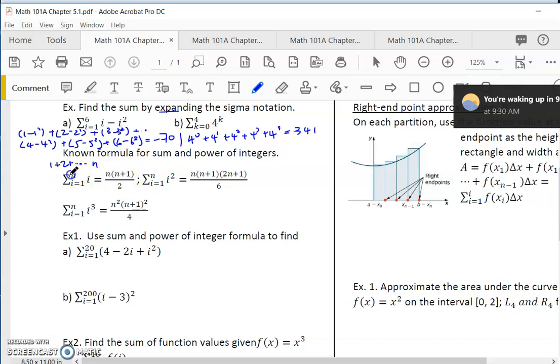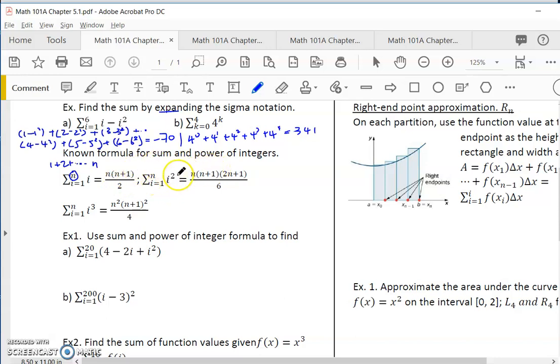So this is the n that you stop at. It turns out that it's related to what you have stopped at. It is the last number that you stop at, n, times n plus 1 over 2. There is a story that this was known by Euler when he was very young, without studying any math.